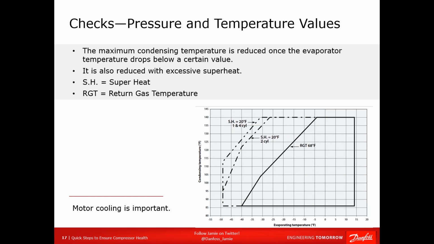So somewhere in there is a value of superheat above 20 and between 68 degrees. So make sure you either talk to an application engineer at Danfoss or look at the guideline here and pick a correct value, right? Most of the time you can set these pressure controls to 120 degrees or equivalent pressure and they'll run just fine.